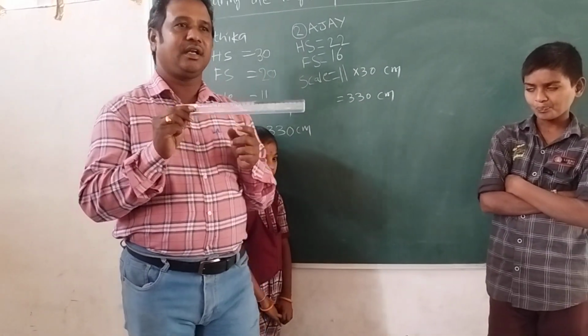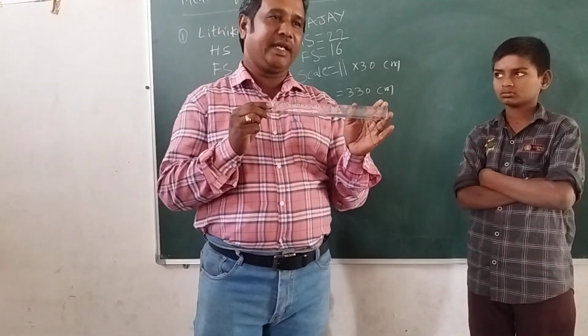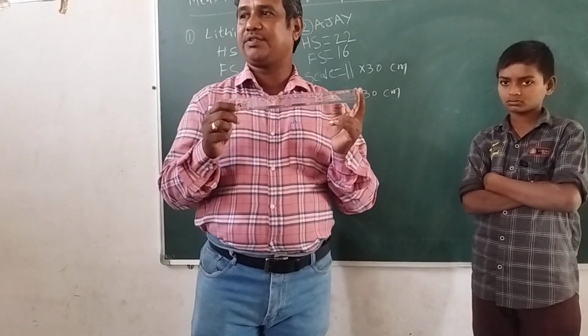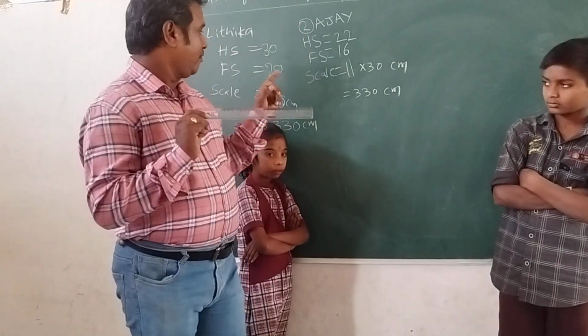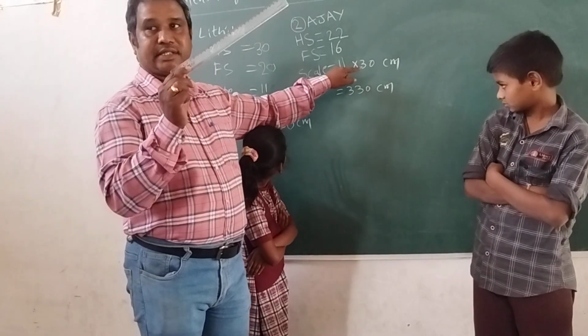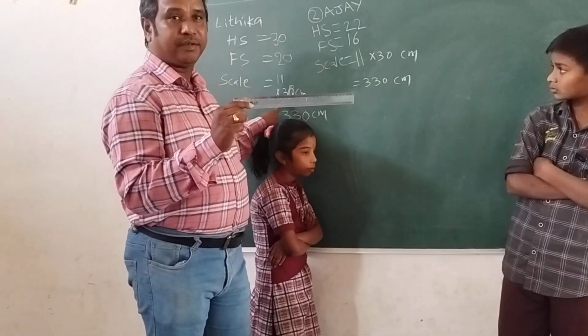So this is called, in physics, the standard unit is centimeter. Both students use the same standard scale. That is why when they measure the length of the stage, both are getting 11 times this 30 centimeter scale. So that is why both are getting the same value here.